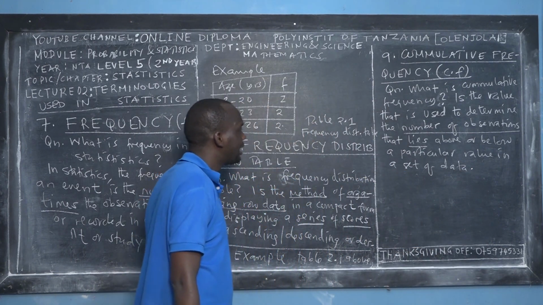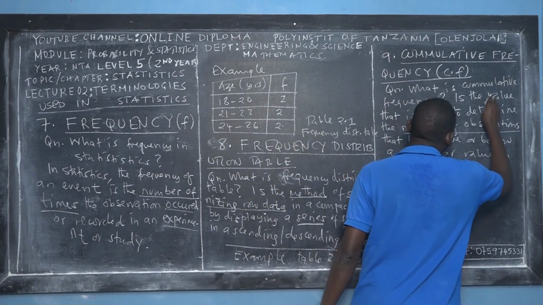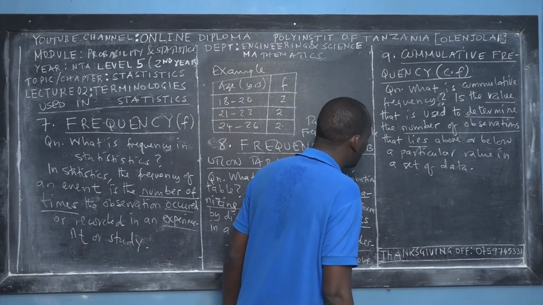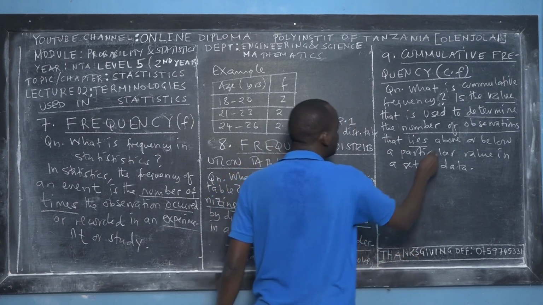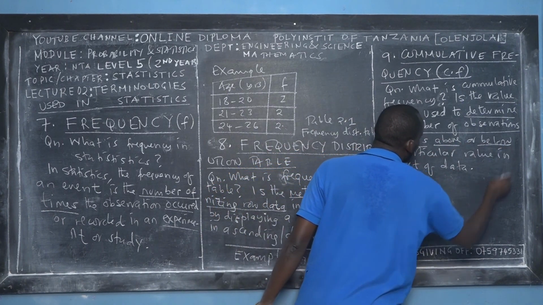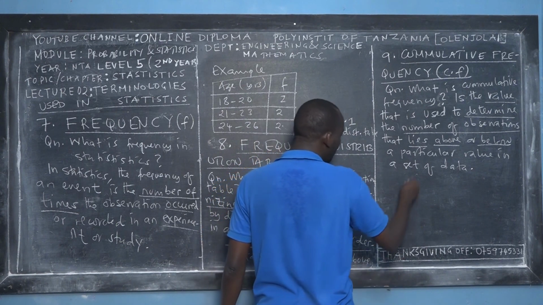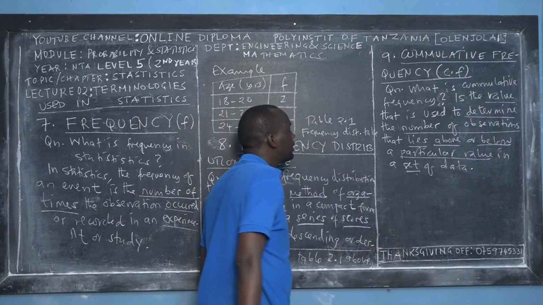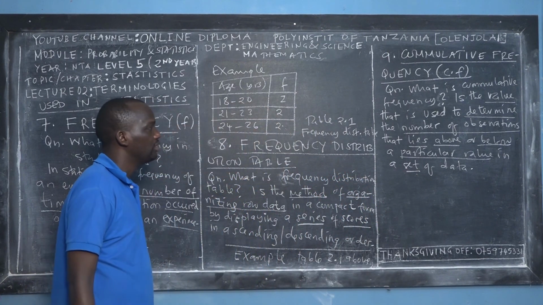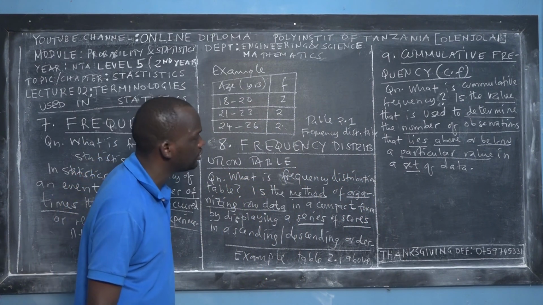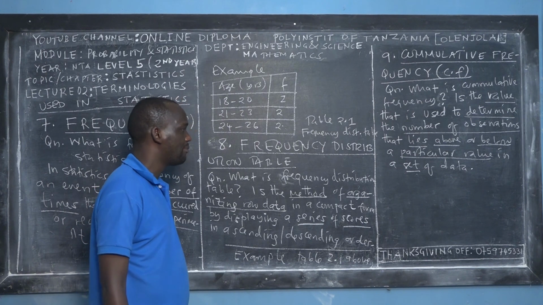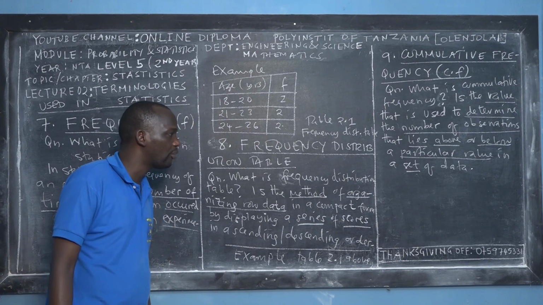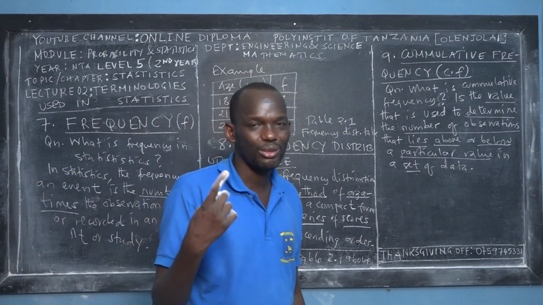So this is the value that is used to determine the number of observations that lie above or below a particular value in a set of data.